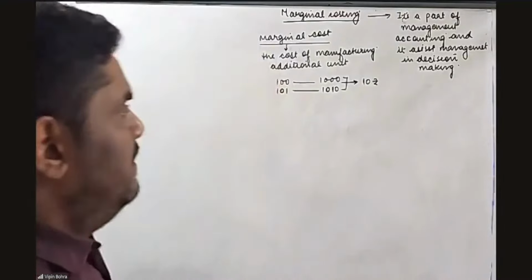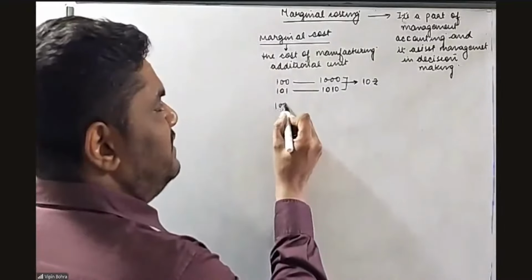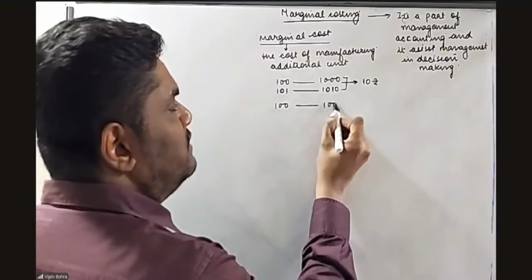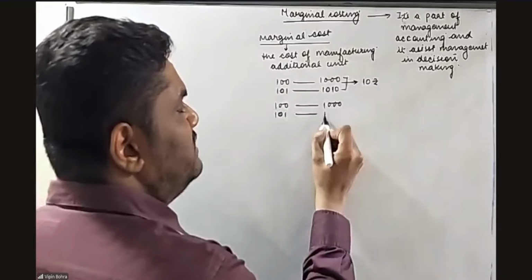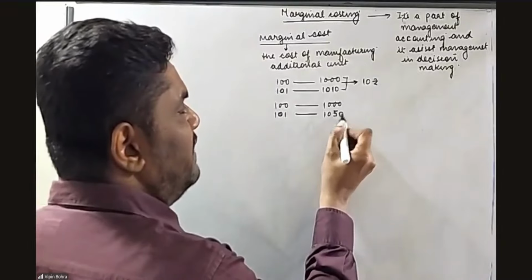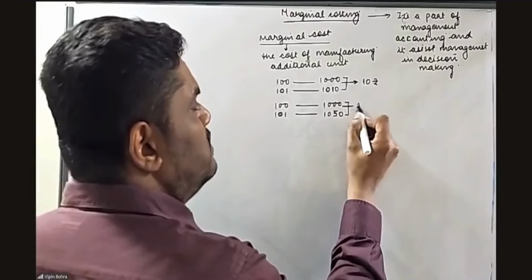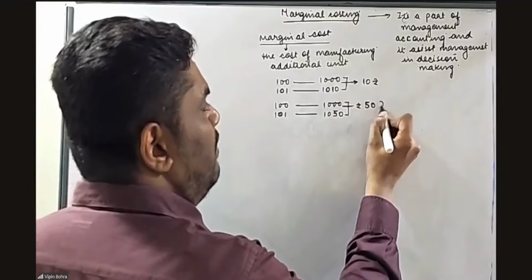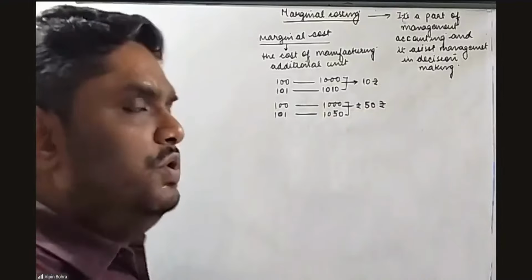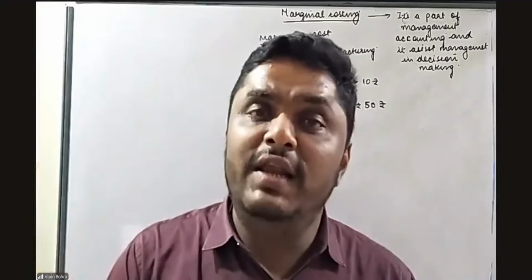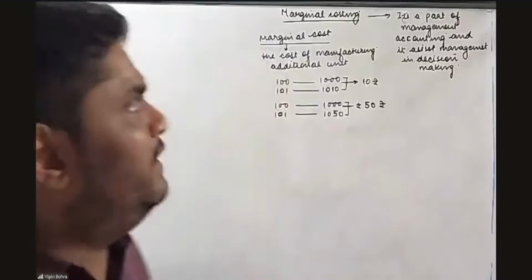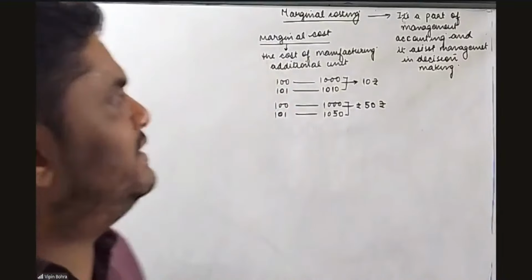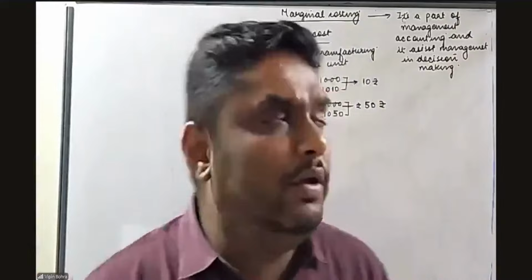Another example: if I manufacture 100 units and the cost is 1000, and if I manufacture the 101st unit, the additional cost is 1050. Herein also rupees 50 is my marginal cost. So the cost to manufacture an additional unit is what we call marginal cost.